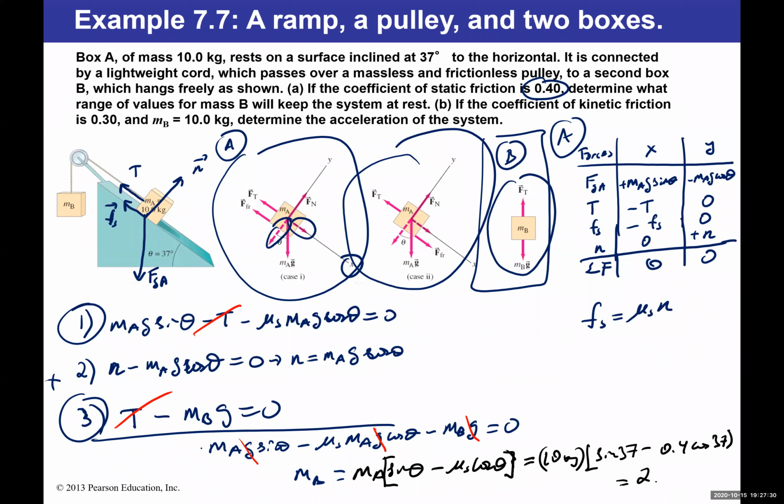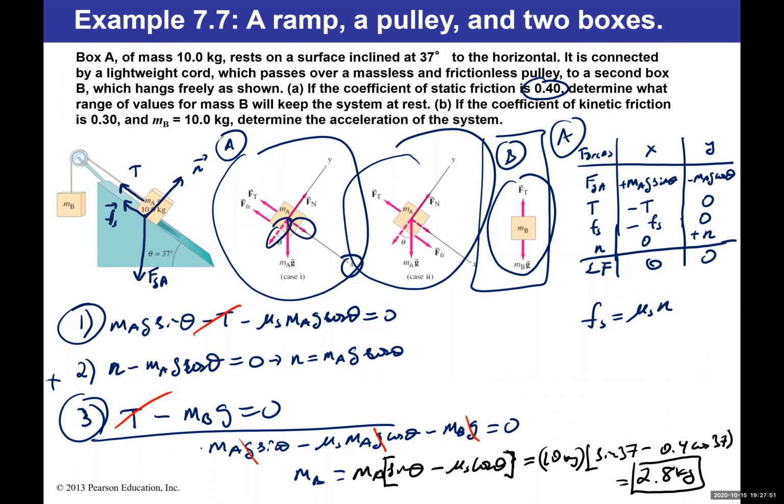What I will get here is 2.8 kilograms. That means 2.8 kilograms is the lowest mass B can have to prevent mass A from sliding down. All right, so this was for case 1.